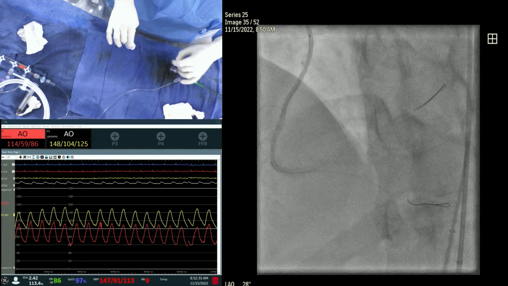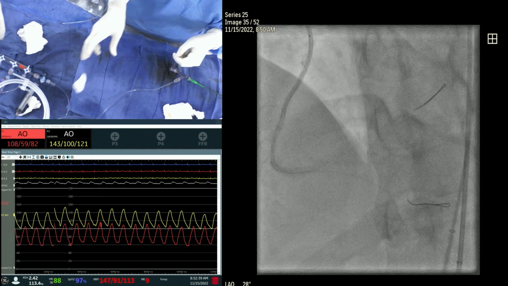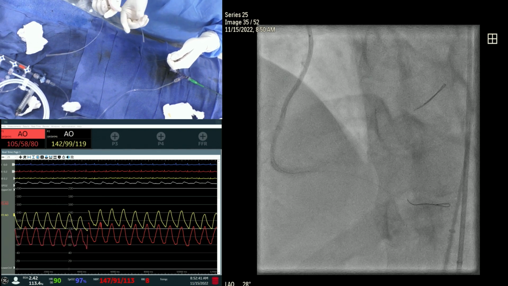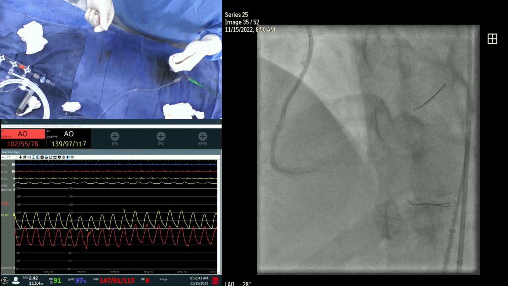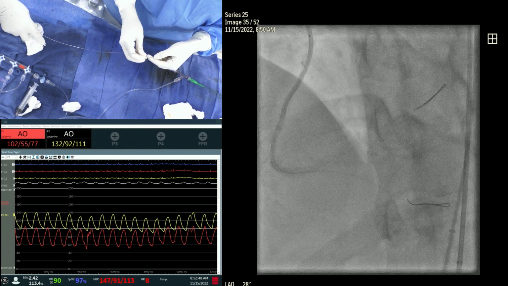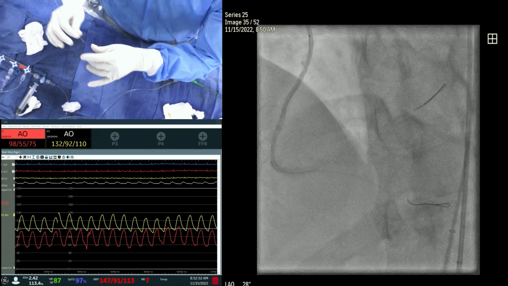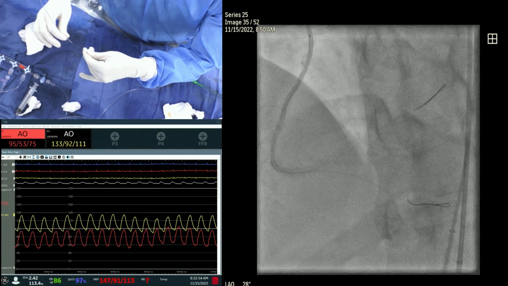Okay, we are ready to put a stent now. 2.5 by 20 into the distal RCA going into the PDA. Now with a 6 French, a 2.5 and a 2.25, two stents can go also, if you want to try that, mini crush. Nothing wrong in that.